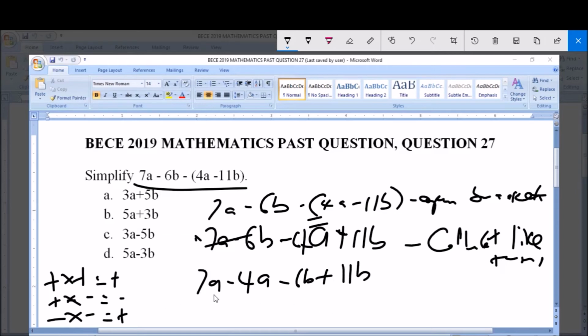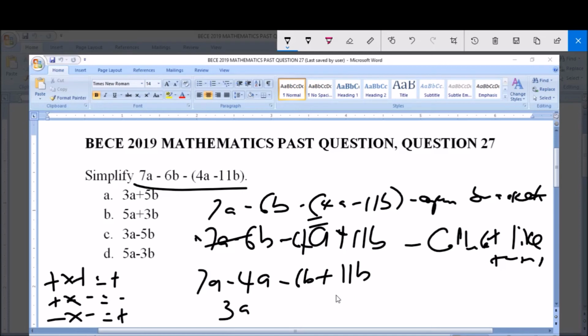So now 7a minus 4a will give us 3a. Just like saying 7 minus 4, because they are like terms. These 7 and 4 are just coefficients of a. So 7a minus 4a will give us 3a. Now minus 6b plus 11b is the same thing as saying 11b minus 6b, because 11b is a positive number and minus 6b is a negative number.